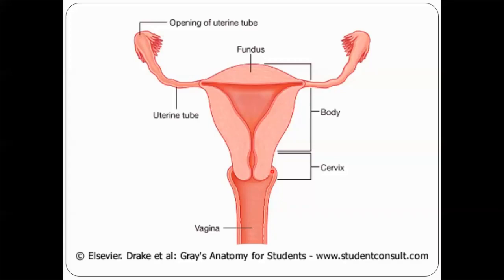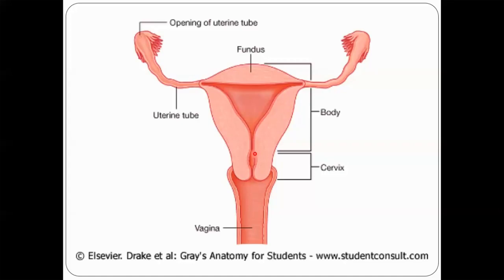وحكينا في المحاضرة السابقة إنه اليوترس has a lumen which has two superolateral openings resembling the openings of the internal openings of the uterine tubes, and the lumen of the cervix, which has an internal opening into the body of the uterus called internal os, and an external opening into the vagina, which is called the external os.